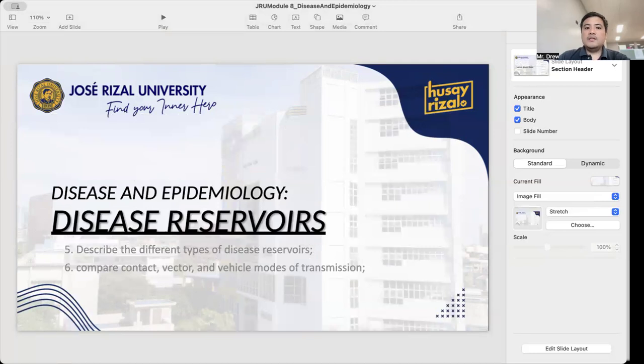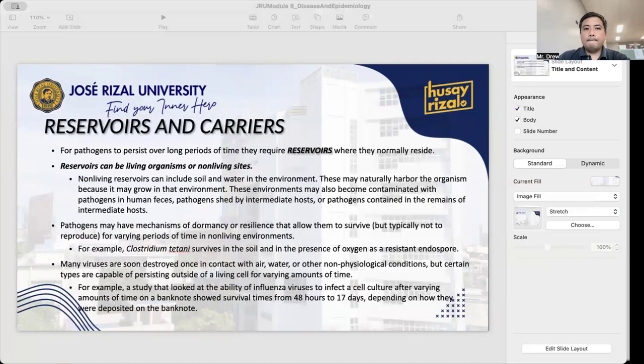Let's go now to disease and epidemiology, disease reservoirs. Disease reservoirs and carriers. Pathogens persist in reservoirs, living or non-living. Some survive in soil or water, like Clostridium tetani, while others persist on surfaces.